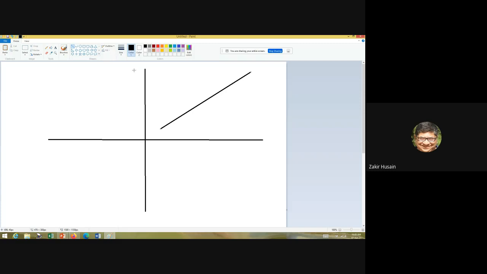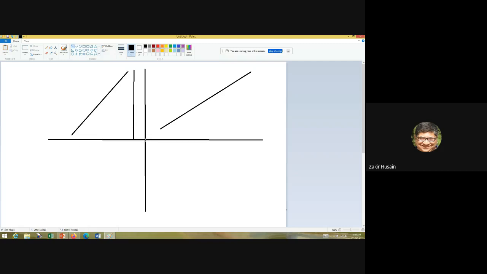Now, over here, this is G and this is the investment plus IR plus G curve.